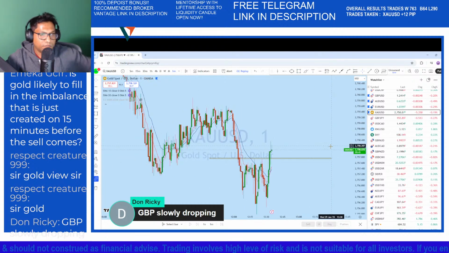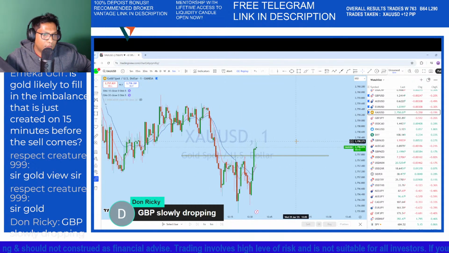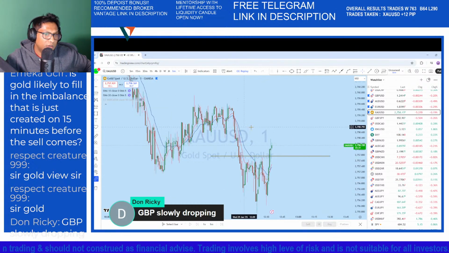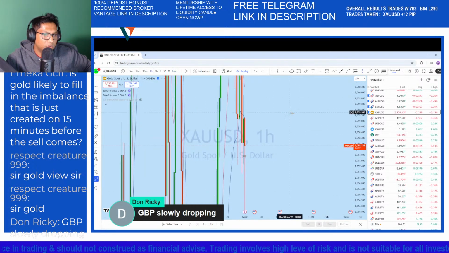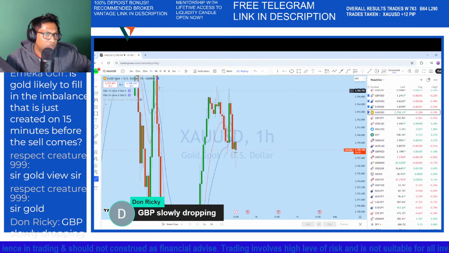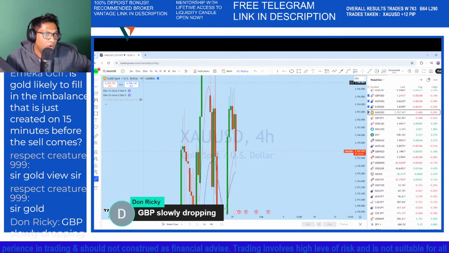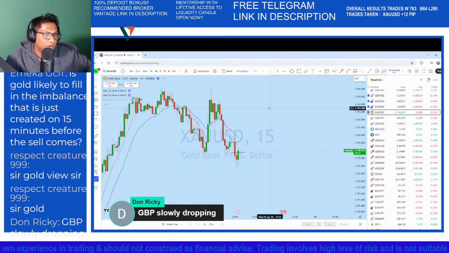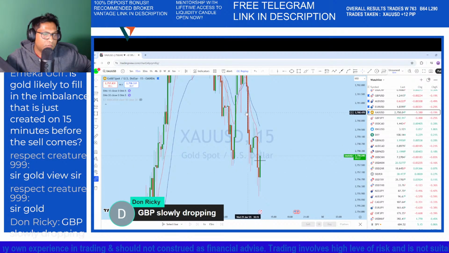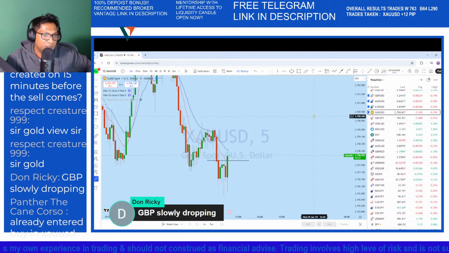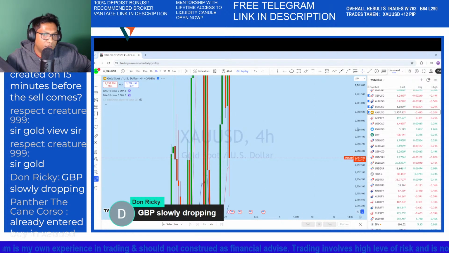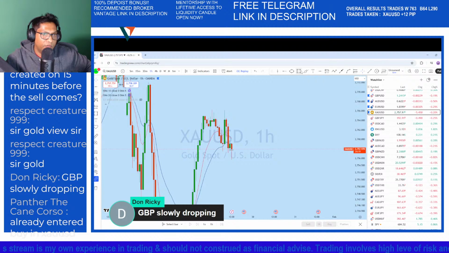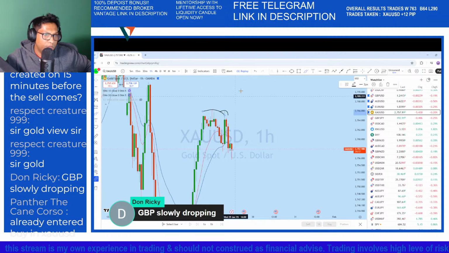From this level there is a bounce, and with that bounce, we can expect from the 4-hour also a pretty strong move here. On the 1-hour, from this level, there's a double top.